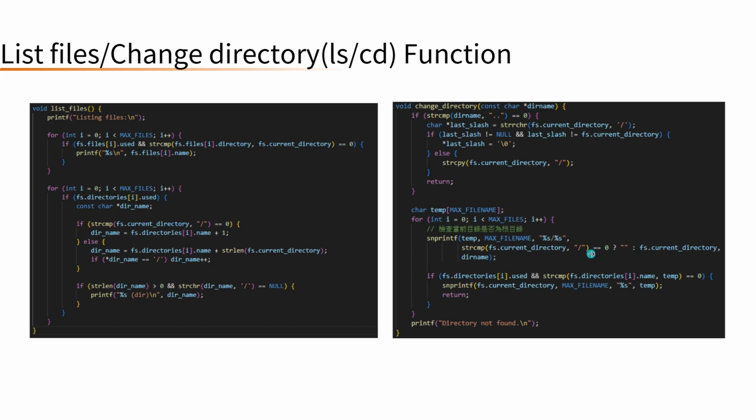Switch to the specified directory. Iterate through the directory struct to check if the specified directory exists. If a match is found, update the current directory path. If not, print an error message.